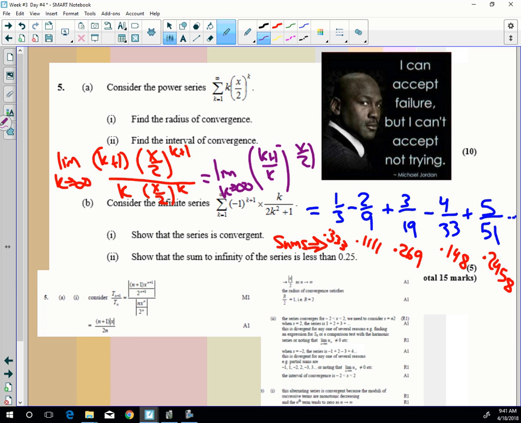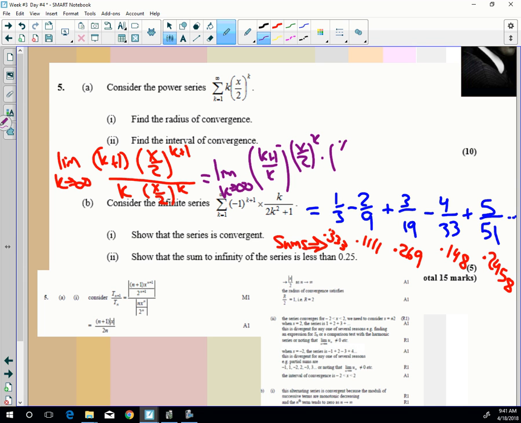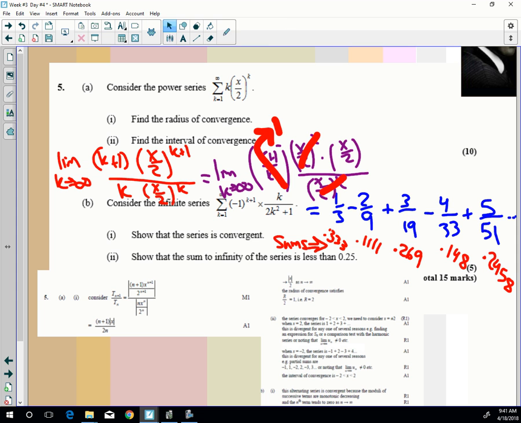It's x over 2 to the k times x over 2, all over x over 2 to the k. You can see that these are going to cancel out. What does (k plus 1) over k go to as k goes to infinity? That goes to 1. So you're going to be left with x over 2.